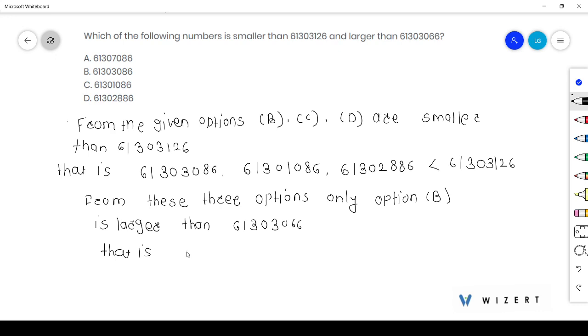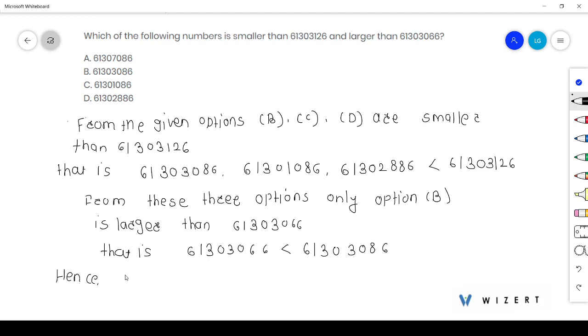option B means 3066 is larger, means this given number is less than 61303086.